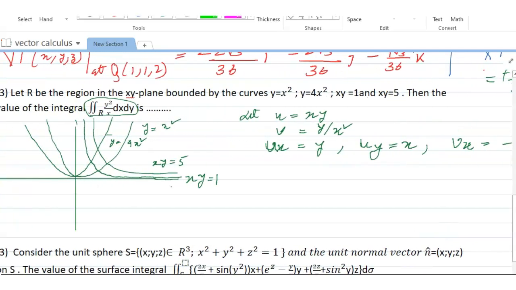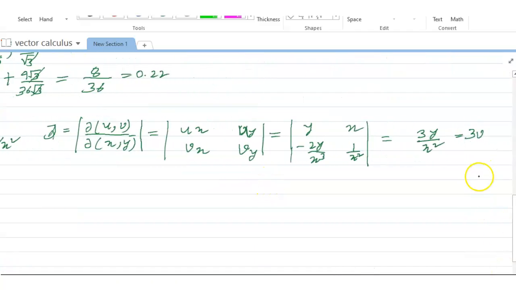Now our integration is, and Jacobian J equals to 1 by 3v.